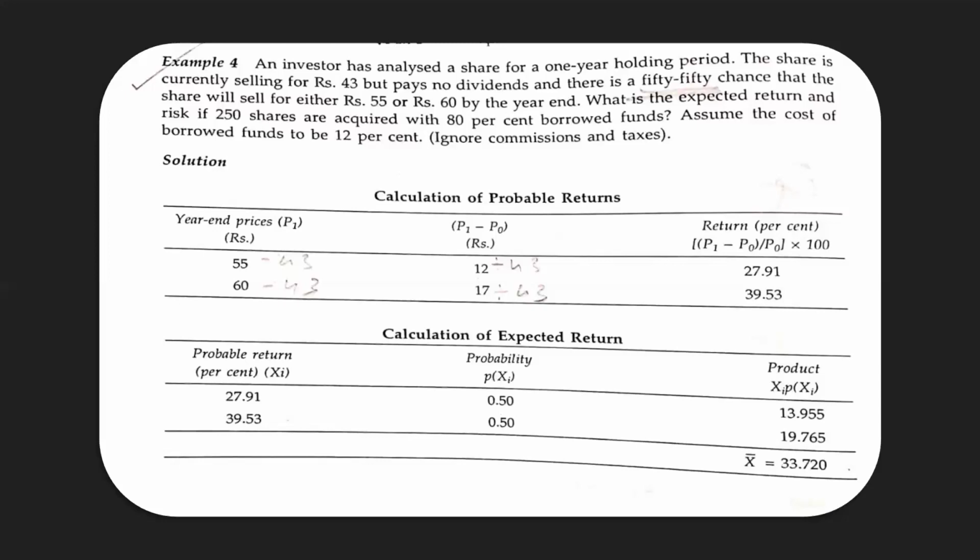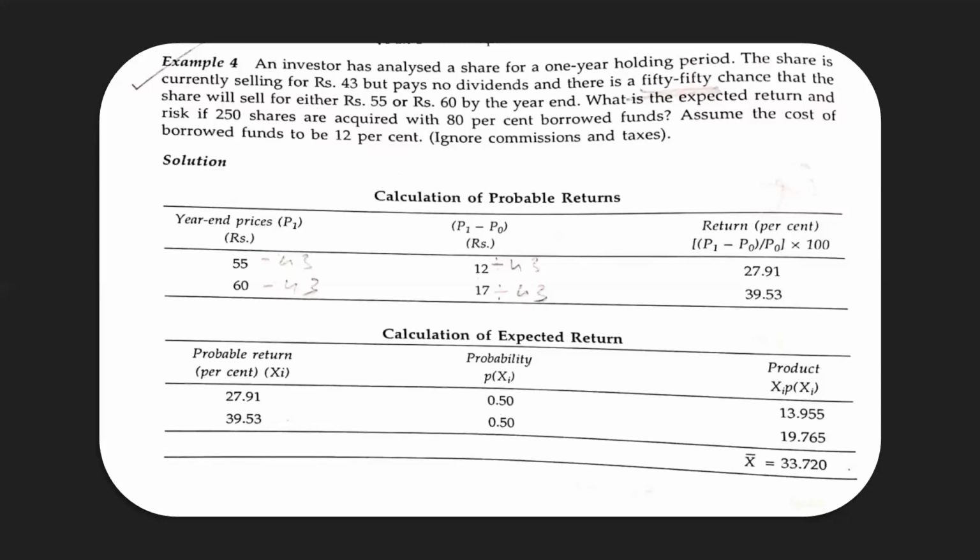Now we have to multiply the probable return with the probability. 27.91 into 0.50 will give you 13.955. 39.53 into 0.50 will give you 19.765. Now when we total the third column items, we will get the expected return or the X bar, which is 33.72. Okay, so I hope this much is clear.